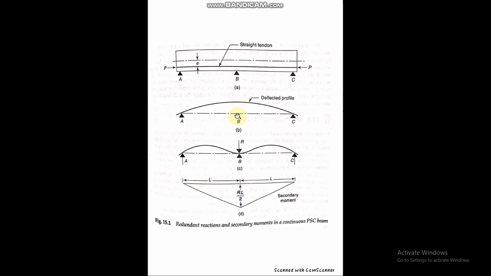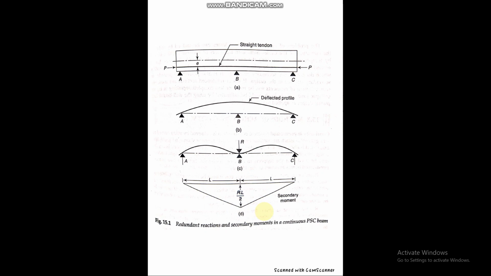If there was a load P at the central point, we already know the bending moment diagram for such a loading condition is a triangular one, and the maximum magnitude of the bending moment will be under the load, given as PL by 4, right? In this case, the total length is 2L, so in place of P we have R, in place of L we substitute 2L, divided by 4. That becomes ultimately RL by 2, right? That is how you obtain the secondary moment.